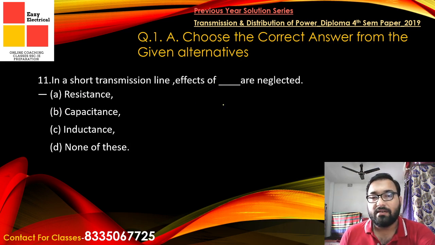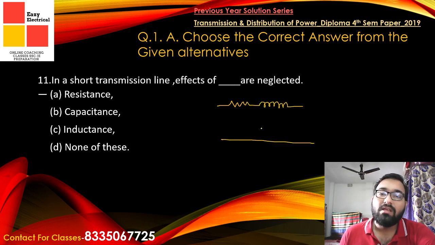Generally, in a short transmission line we consider only the resistance and inductance of the line, but not the capacitance, because the length is small. That is the main reason. The total capacitance value getting added up is relatively less, so it has a smaller effect. That is why we ignore the capacitance.